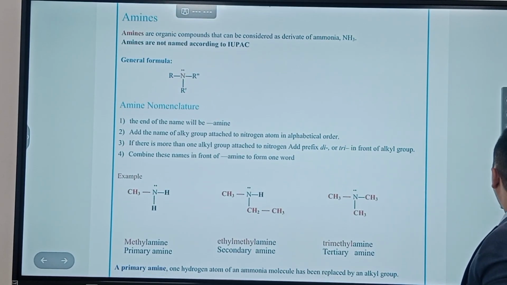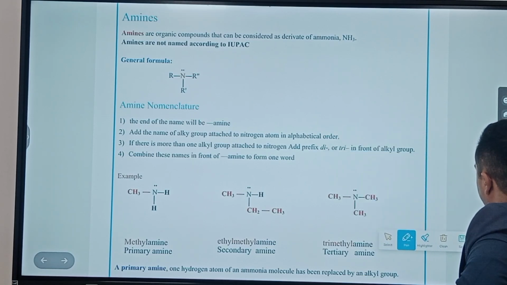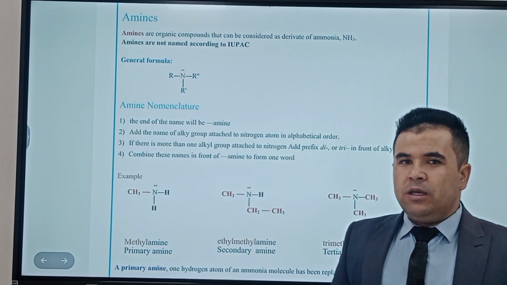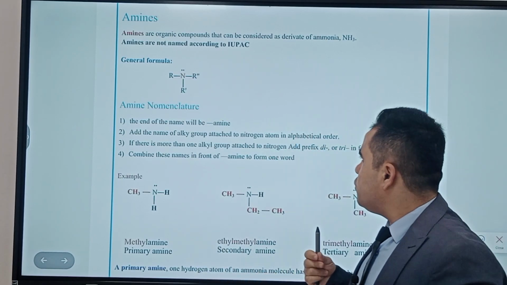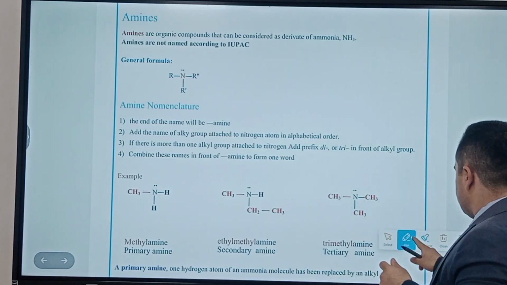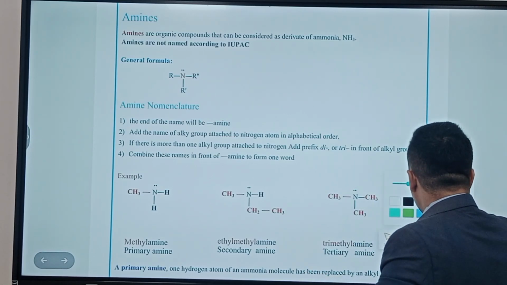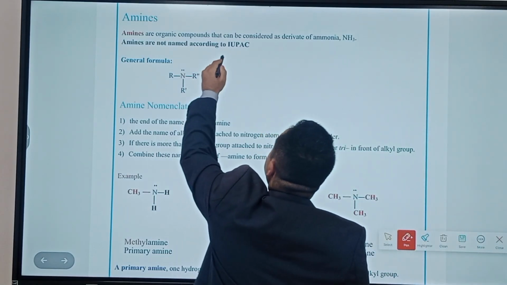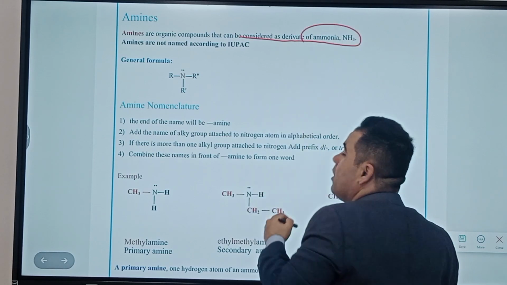Let us talk about the amines. Amines are another group of organic compounds which are responsible for odors, but the worst odor, the bad odor of spoiled compounds. Guys, amines are organic compounds that can be considered as derivatives of ammonia.